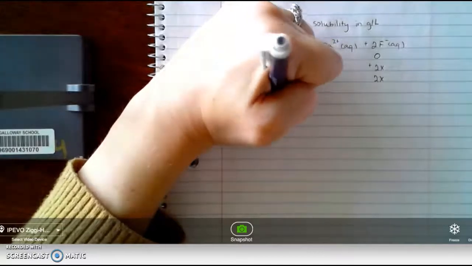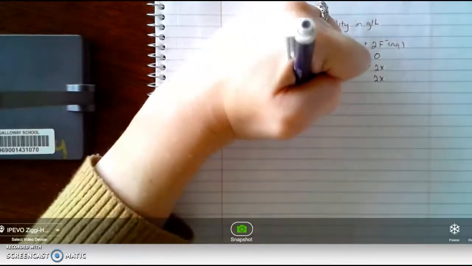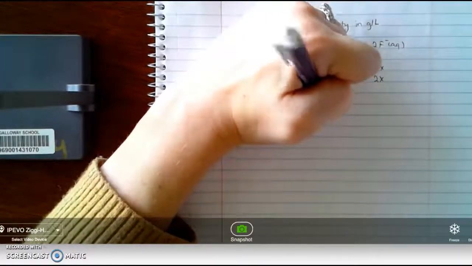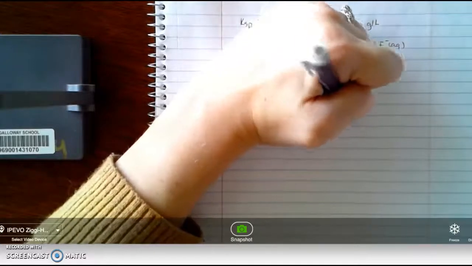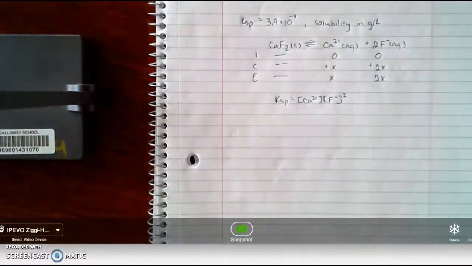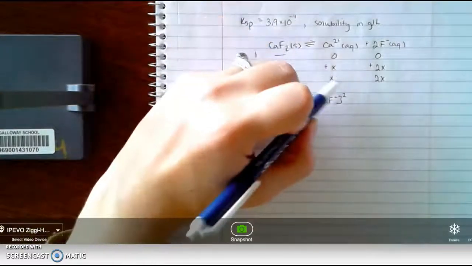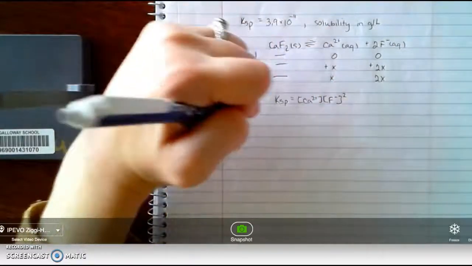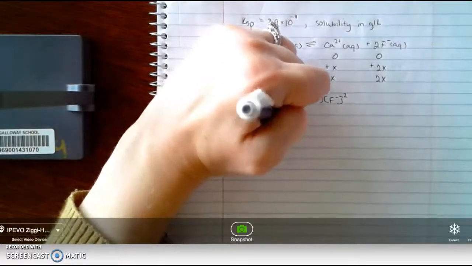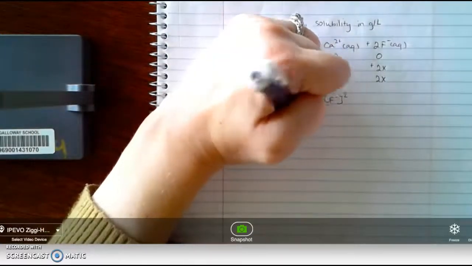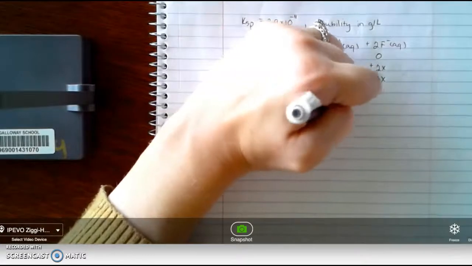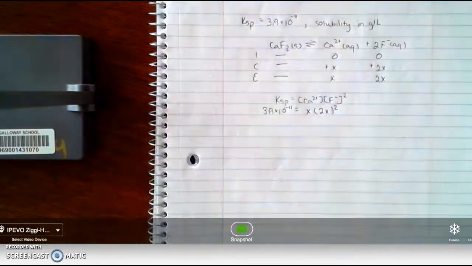Now we need our KSP expression. So we're going to have calcium times fluoride squared. And now we know our KSP, so we can plug in our KSP and we can solve for X here. So it's going to be 3.9 times 10 to the negative 11th equals X times 2X squared.